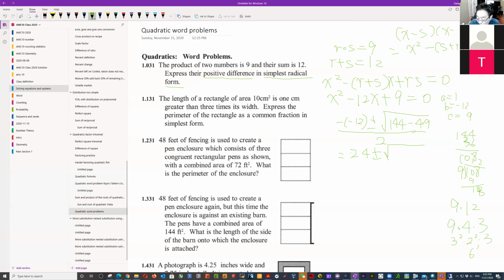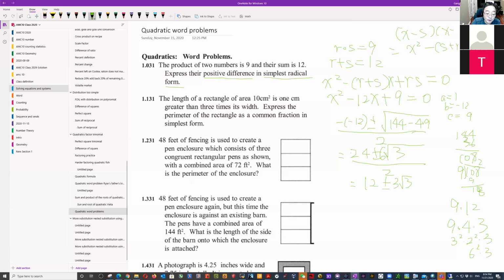So this is 3 squared multiplied by 2 squared multiplied by 3, so it's 6 times the square root of 3. Dividing by 2, the roots are 12 plus or minus 3 square root of 3.